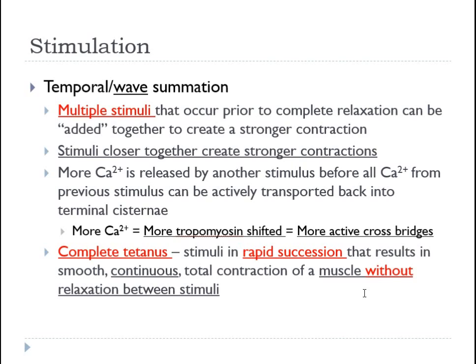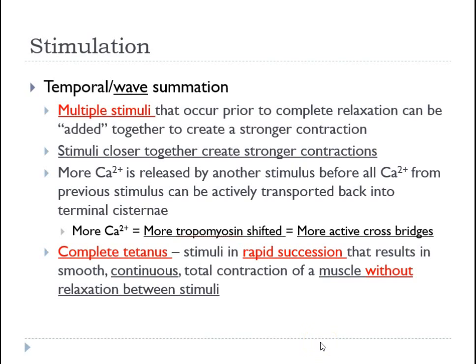We can control this with more calcium being released by another stimulus before the calcium from the previous release is transported back. So we're just going to add more, add more, add more. And what the calcium is basically going to do is, remember that tropomyosin gets shifted, that filament, and that's going to create way more active cross bridges.